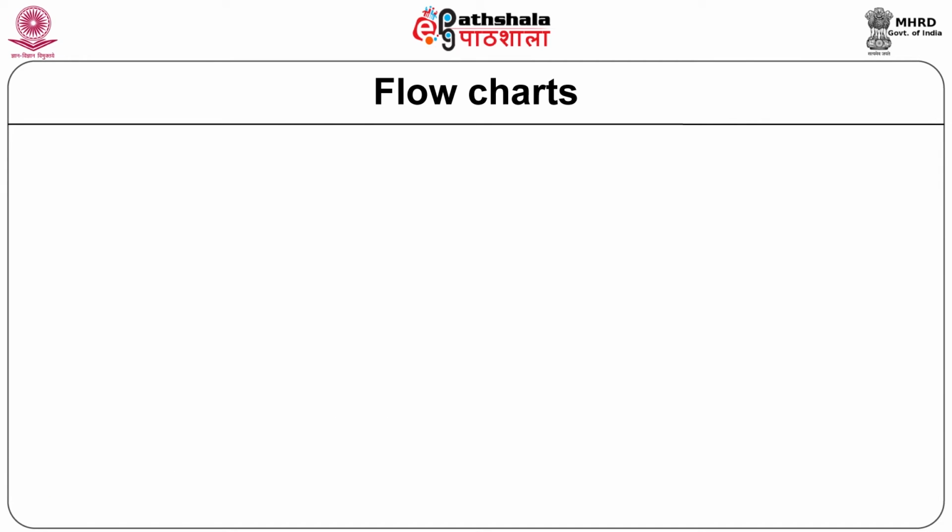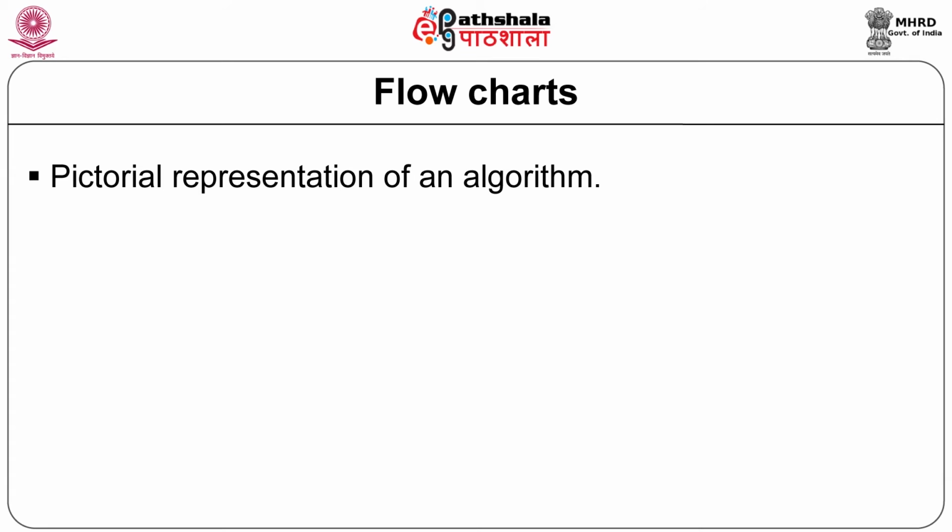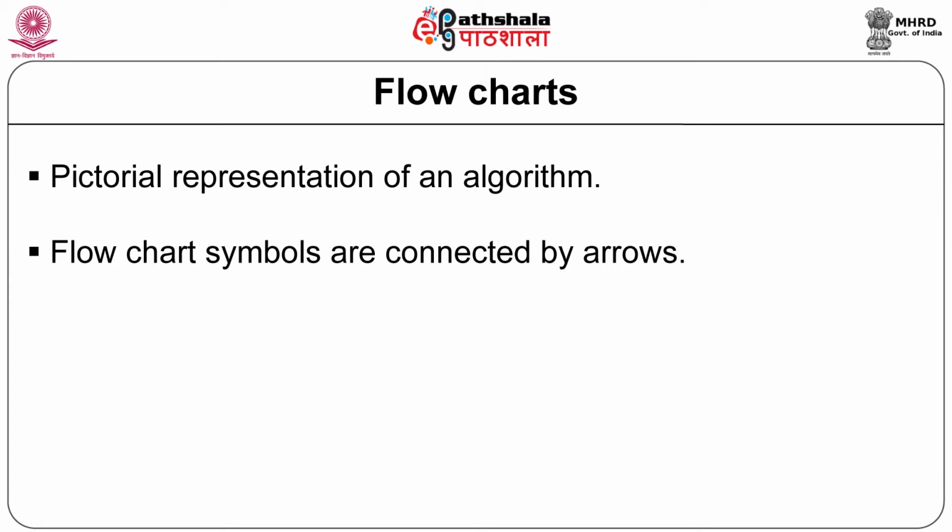Then flowcharts. So what is a flowchart? A flowchart is also a program like an algorithm. Flowcharts are also used to solve different problems. A flowchart is a pictorial representation of an algorithm. A flowchart consists of a set of flowchart symbols connected by arrows.